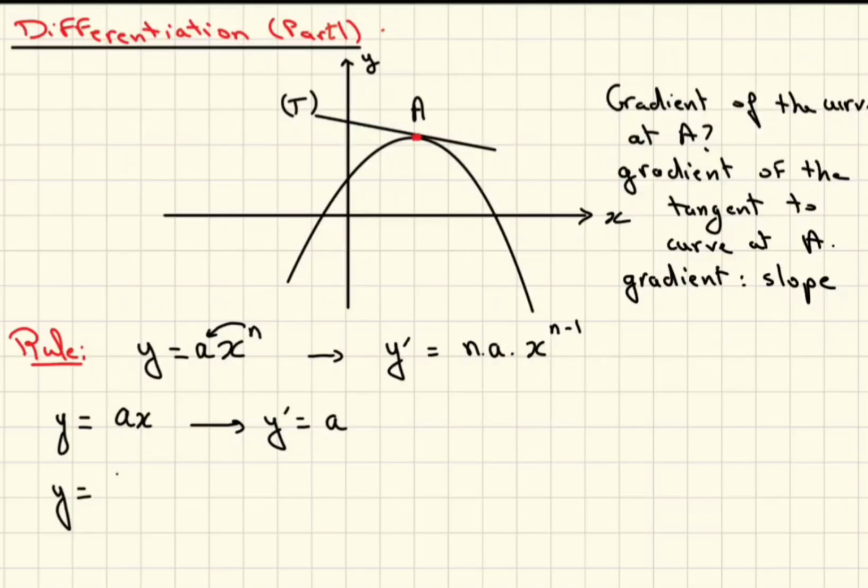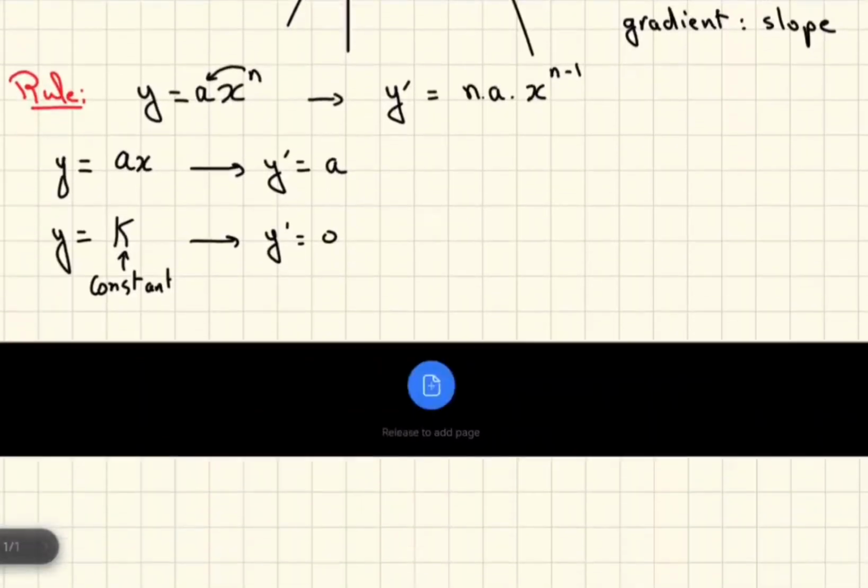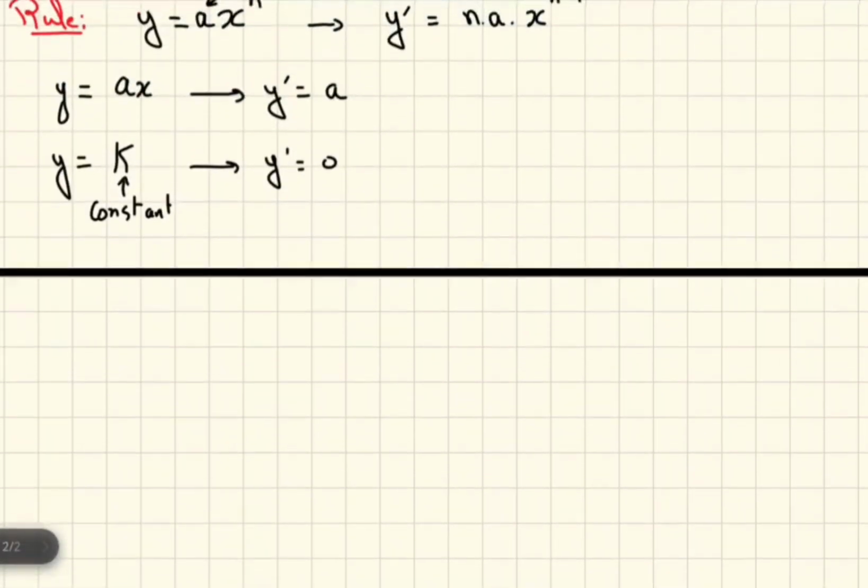Also, one more very helpful rule: whenever y is equal to k, and k is a constant number, then its derivative is equal to 0. Knowing these three rules, you can solve any question related to polynomials or anything that can be written as a polynomial. Now, let's do some examples and hopefully it will be clear.